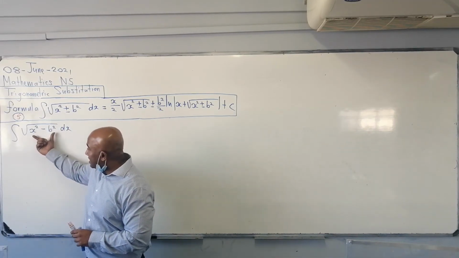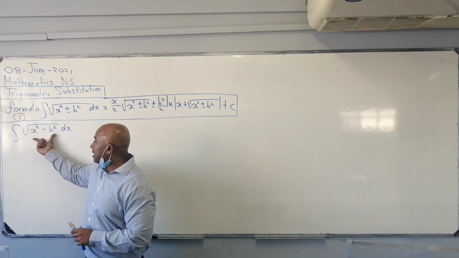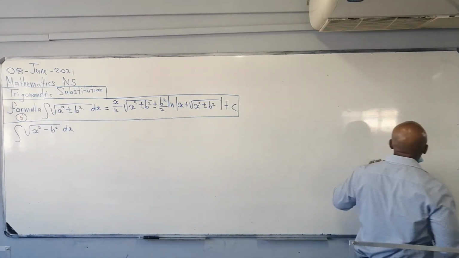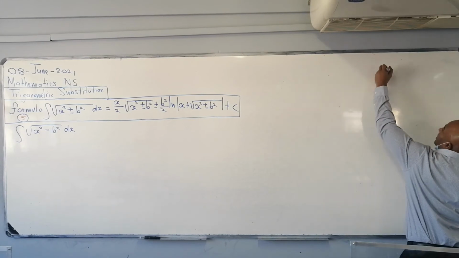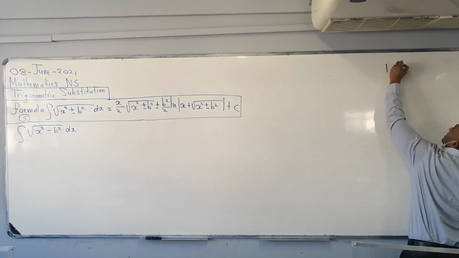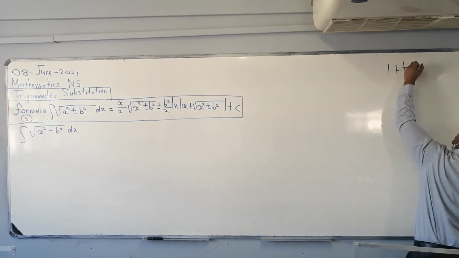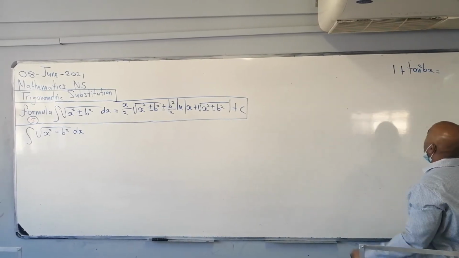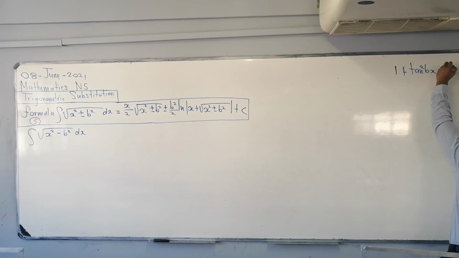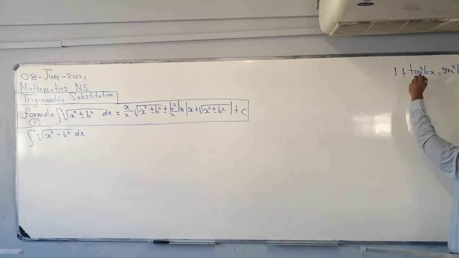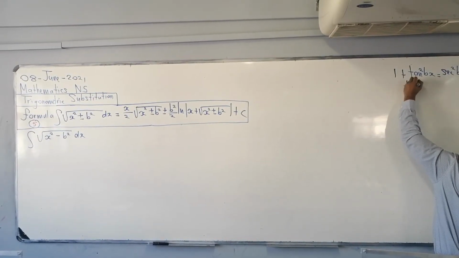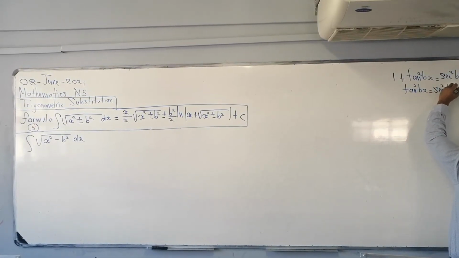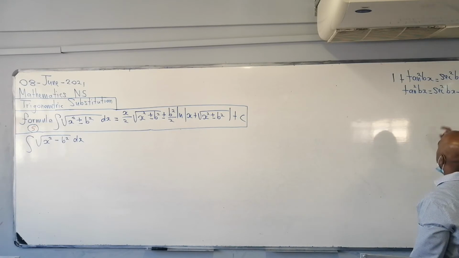So which identity can I use that will allow me to get rid of the square root? Okay. So if you remember the identity 1 plus tan squared of bx, what is 1 plus tan squared of bx? It's equal to sec squared bx. So I know that tan squared bx is equal to sec squared bx minus 1.